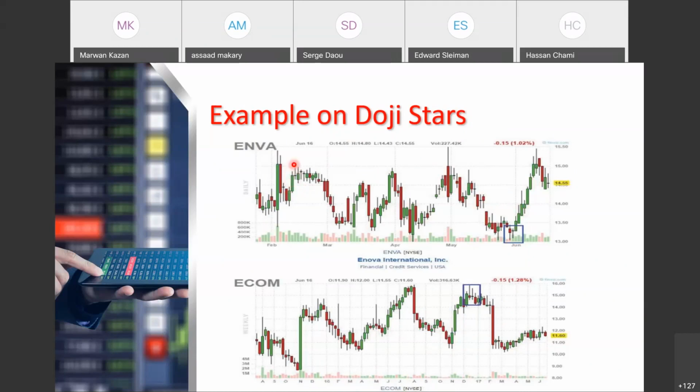A green candle, indecision, another green candle. But later it was also indecision, and then prices went down. The same thing here. The same thing here. Prices were going up, doji, and prices went down again.